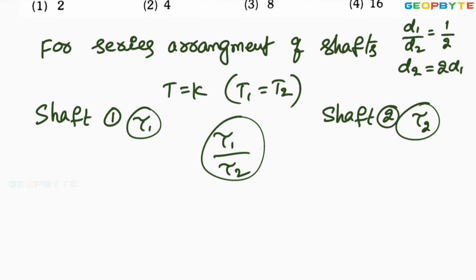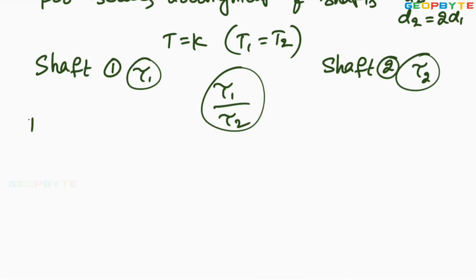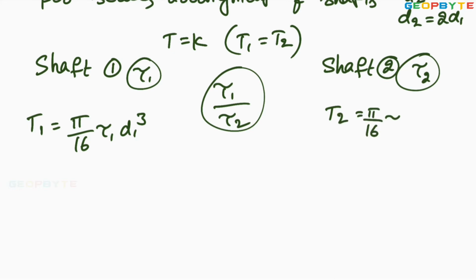d2 equal to 2d1. Now for the shaft 1, torsion T equal to pi by 16 into tau 1 into d1 cube. For the shaft 2, T2 equal to pi by 16 into tau 2 into d2 cube.